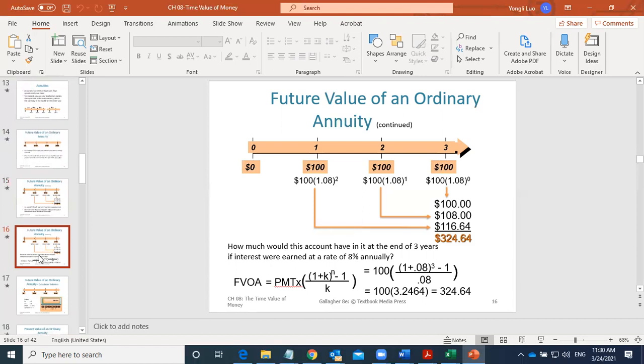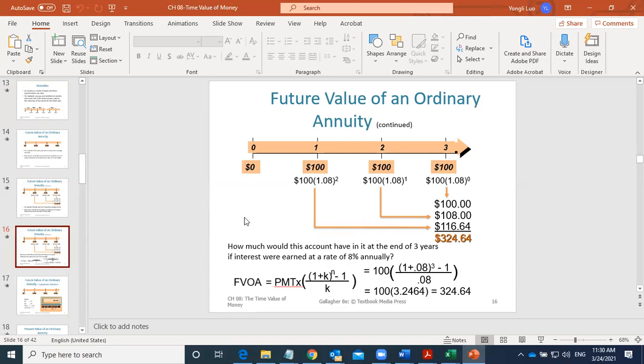The future value of an ordinary annuity, OA, is the payment times 1 plus k raised to the power of n, minus 1, divided by k. So that is your future value of an ordinary annuity.